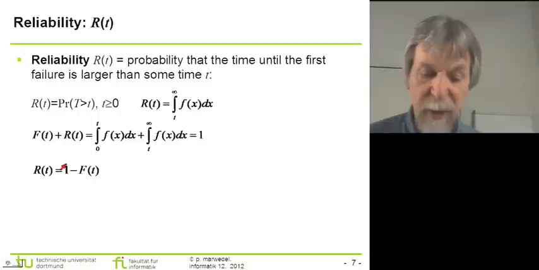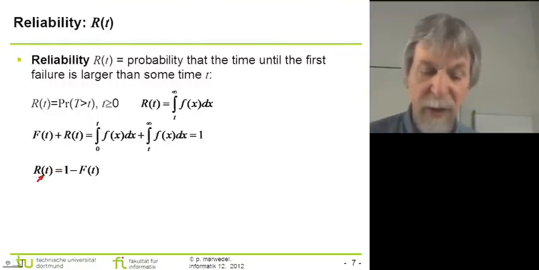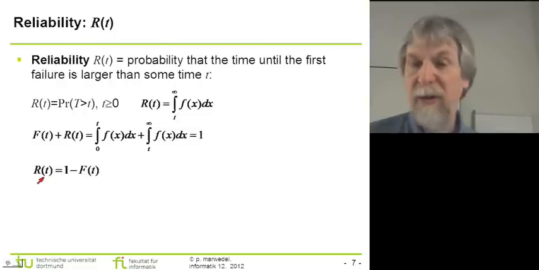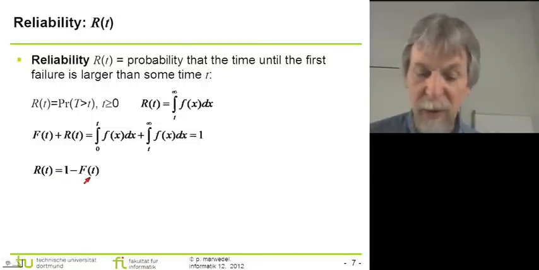If we rewrite this so that we have the reliability on the left-hand side of our equation, we come to the conclusion that the reliability is 1 minus the probability of the system being faulty at time t.